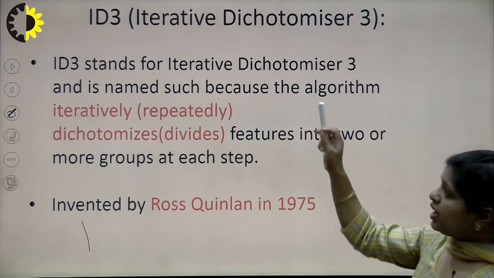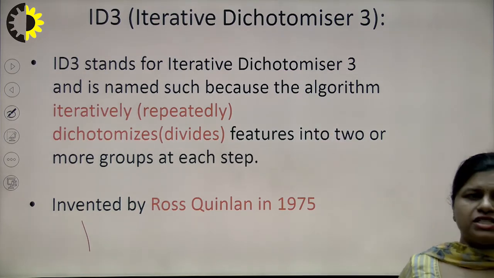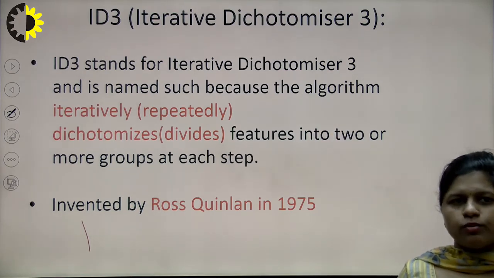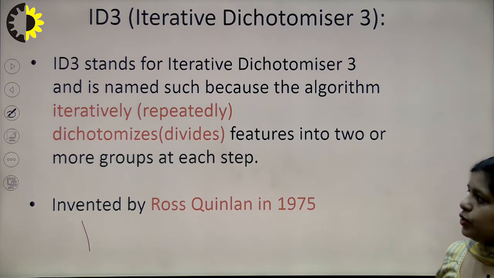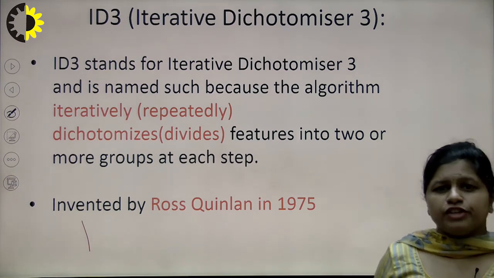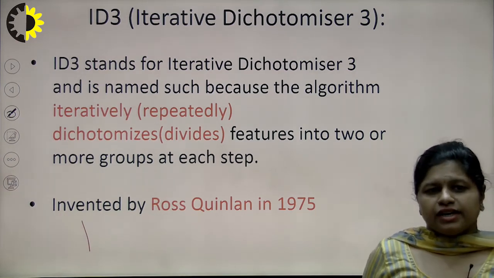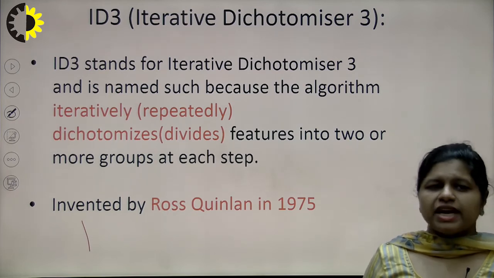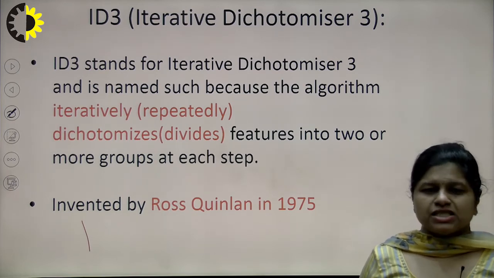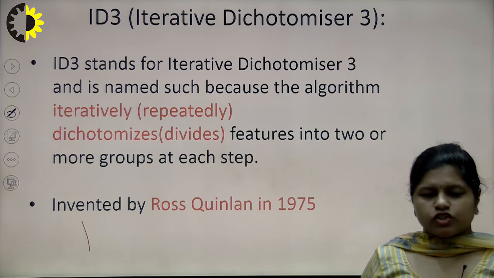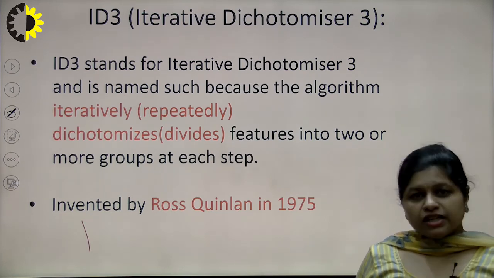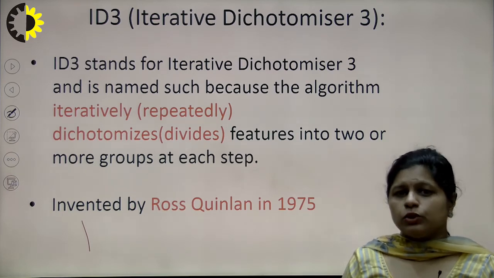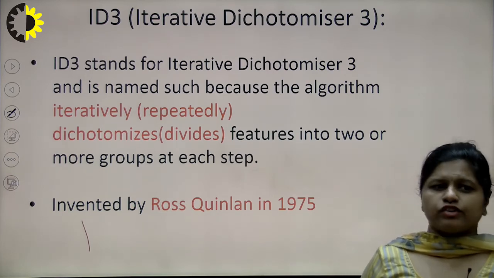So in ID3 we have two words, one is iterative, one is dichotomizer. Iteratively means repeatedly and dichotomizer means divides. So this algorithm repeatedly divides the data into two or more groups at each step. That is why this algorithm is named ID3, because at each step it repeatedly divides the whole training data into two or more groups based on the attribute values.